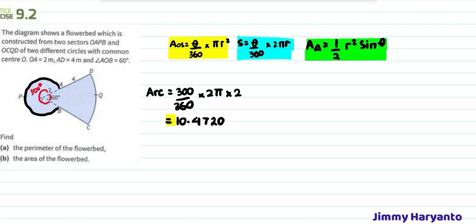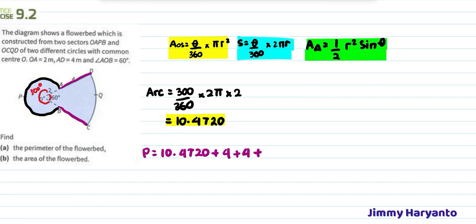Okay, so this is the first arc, and then next I want to find this one. So the perimeter equals 10.4720 added by 4, and then added by another 4, and then added with this sector's arc. That means we have to find the other arc.